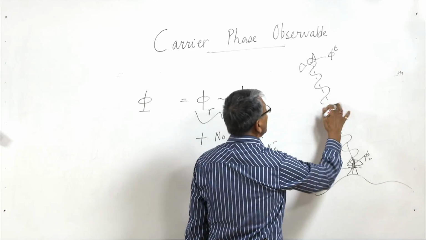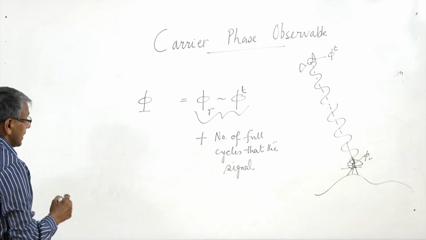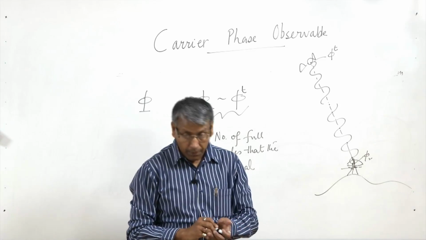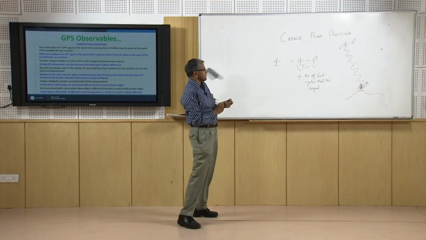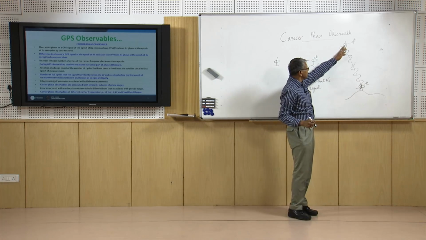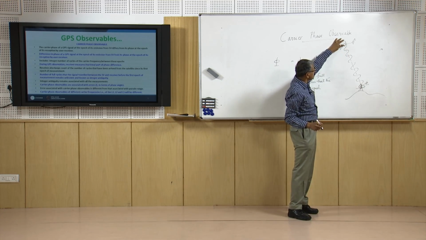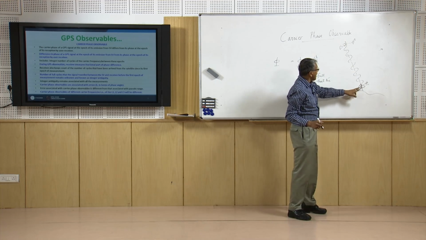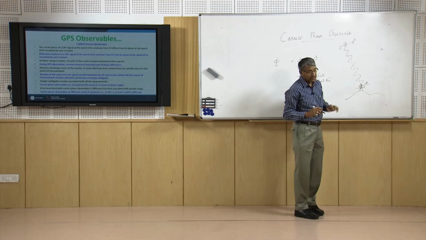Like that there will be full numbers of cycles. So the carrier phase observable fundamentally consists of the difference in phase between the transmitted signal at the instant of transmission and that at the time of reception, plus full numbers of cycles.